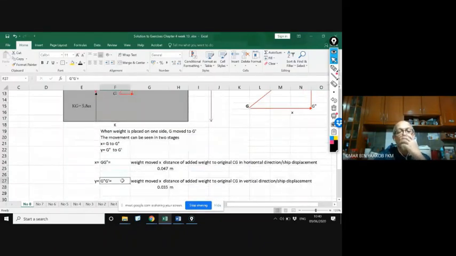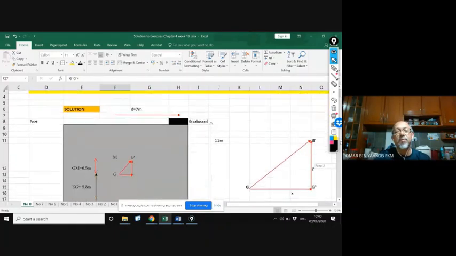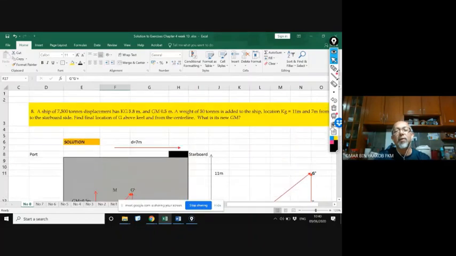Okay, so X, G to G double dash, is weight moved times distance of added weight to the original center of gravity in the horizontal direction. So the weight is 50 tons.